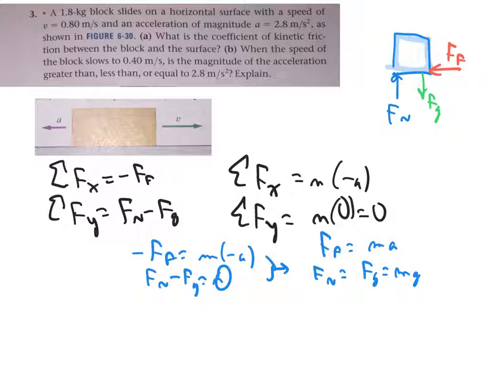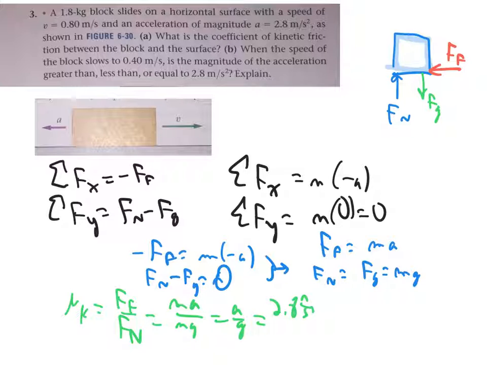And then we go a little further and say, well, mu sub k is the ratio of the frictional force over the normal force. So it's ma over mg, or just a over g, meaning we have a really quick accelerometer in some sense. And here we get 2.8 meters per second squared over 9.81 meters per second squared, which is 0.285.